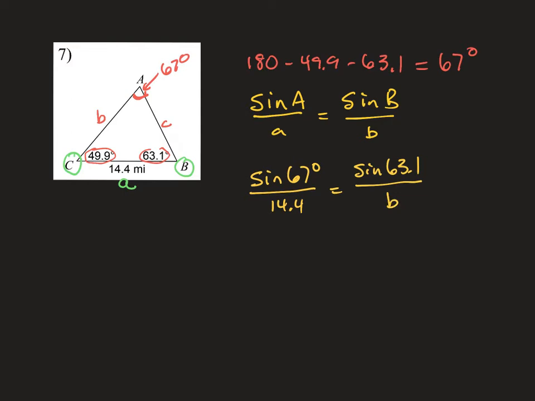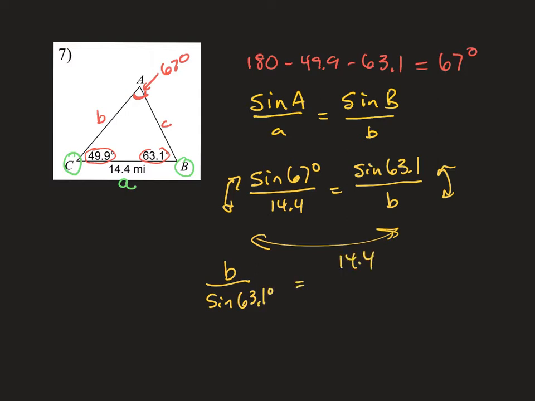Now, one of the things I happen to know about proportions is that you can flip the whole thing over, right? We can flip both of these over and it'll make our lives a little easier. So I'm going to go ahead and do that, so b is on the left side of the equation. I'll rewrite the proportion as b over sine of 63.1 degrees equals 14.4 over sine of 67 degrees.